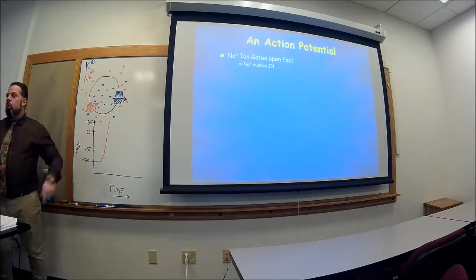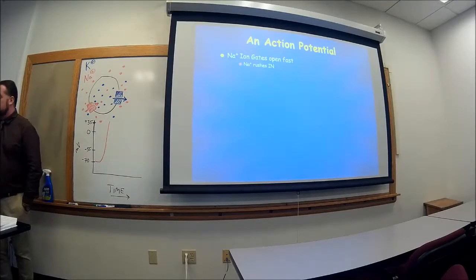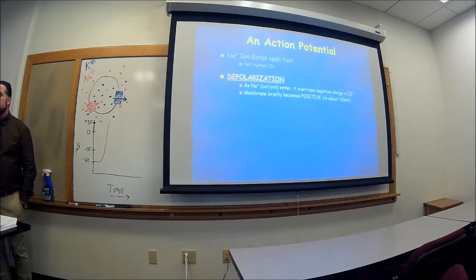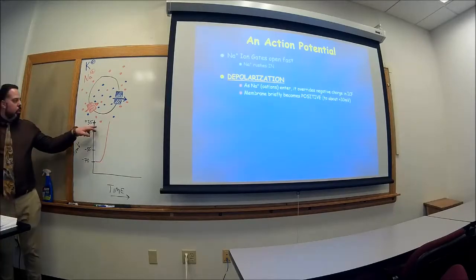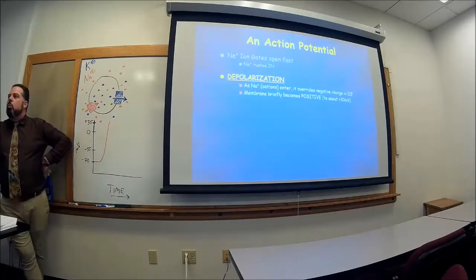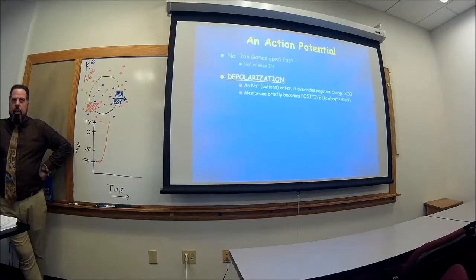This is what we call what? Depolarization. Becomes more positive. And at the point about positive 35 or so, the sodium channel gates close very fast. Bam! So no more sodium comes in.